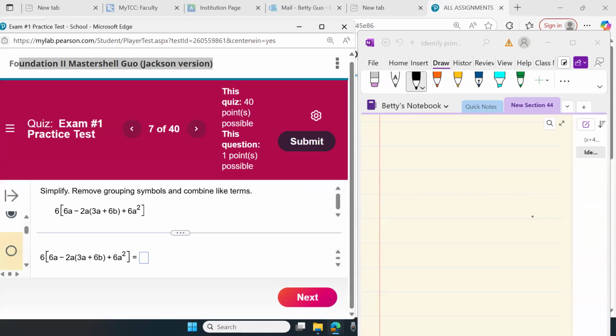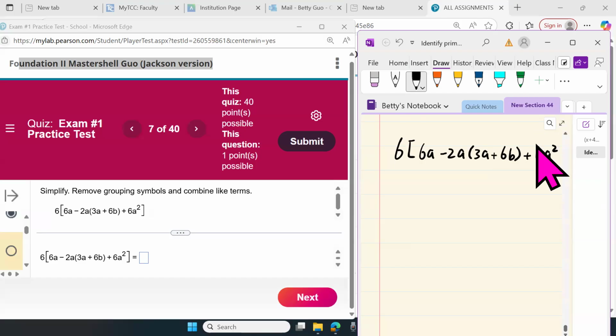Let's see how we process this problem. 6 bracket 6a minus 2a parentheses 3a plus 6b, close the bracket, plus 6a squared. And we should, again, always double check our expression to make sure that we did not copy anything wrong. Okay, looks good.